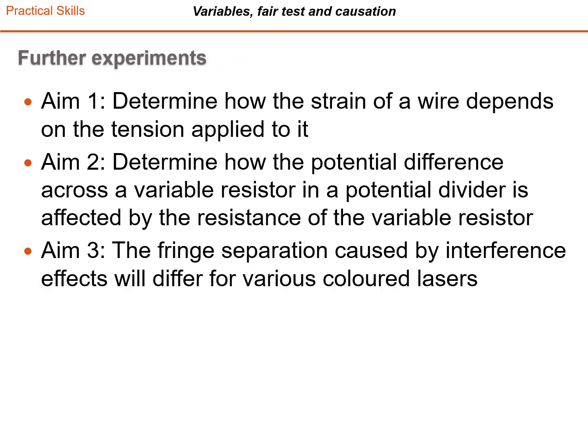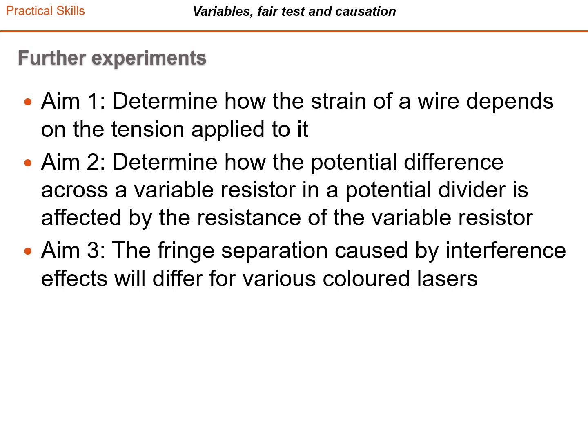So here are three further experimental aims similar to those you will have come across in Year 12 Physics. What I'd like you to do is to write a hypothesis associated with each aim. You will need, of course, to refer to any equations or theory behind these.